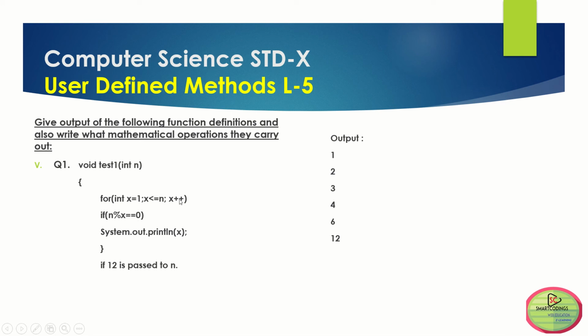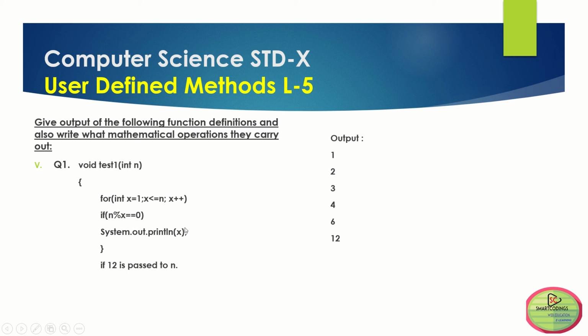Again, x plus plus, it will print 6, because 12 is divisible by 6. Then for the other numbers like 7, 8, 9, 10, 11, 12 is not divisible. At last, as the loop includes 12, 12 modulus 12 equal to 0. Yes, the condition is true, so it prints 12 at last. So this is the output of the small snippet. I hope it is clear.